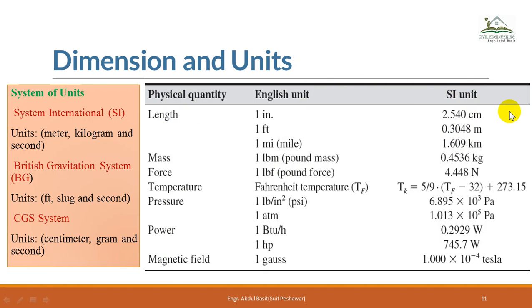English units and SI units are both present. Length can be measured in inches in English units, where 1 inch is equal to 2.54 centimeters, and centimeter or meter is the unit of length in SI. Feet can also be the unit of length in English units, and meter in SI units.